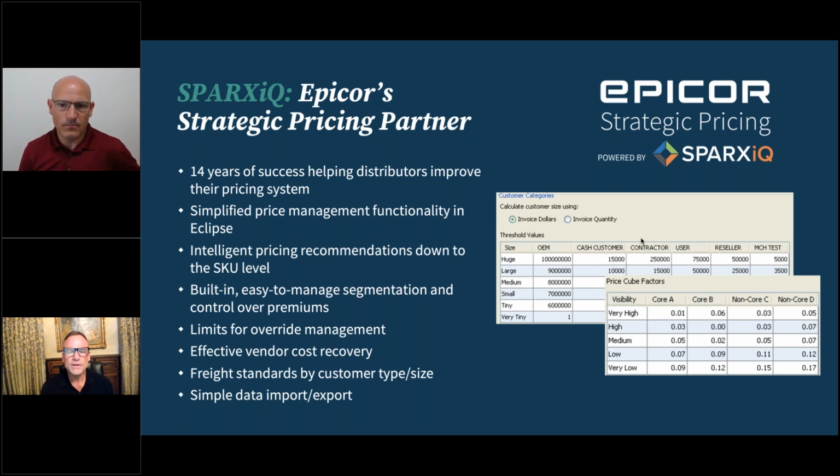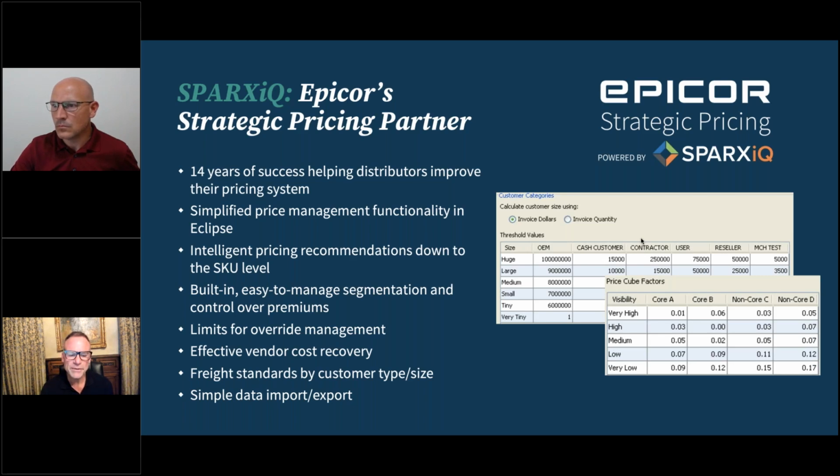There are also some important guardrails built in to improve margins and prevent destructive low margin business from creeping into the system. There are override management tools as well as important vendor cost recovery tools built directly into the Epicor SPARXiQ strategic pricing module.